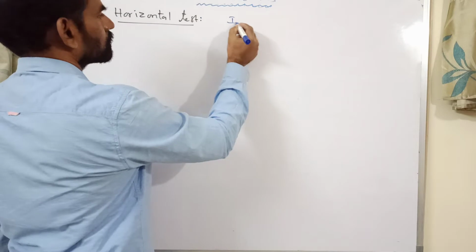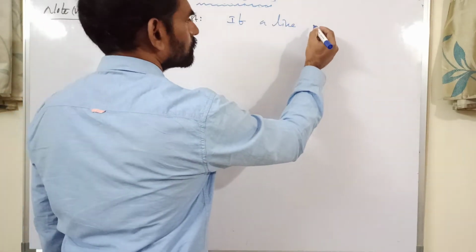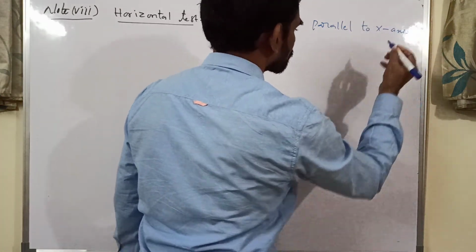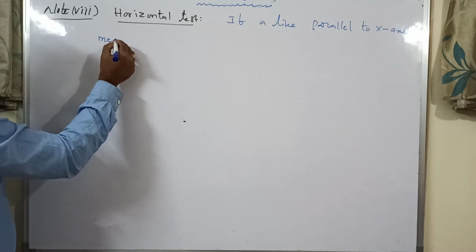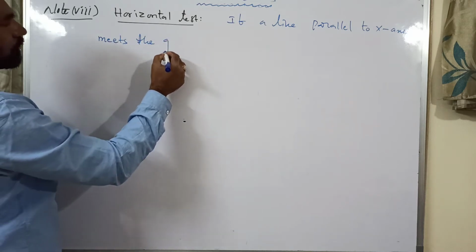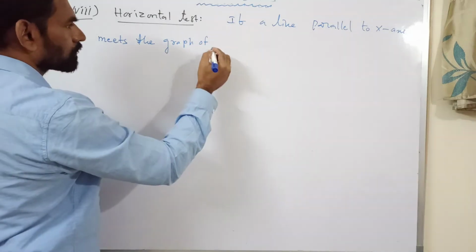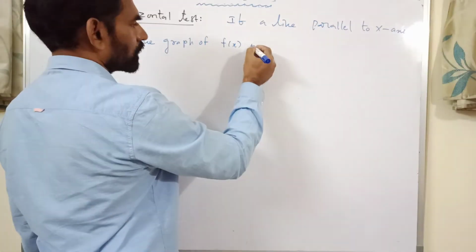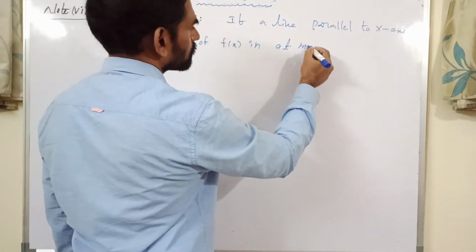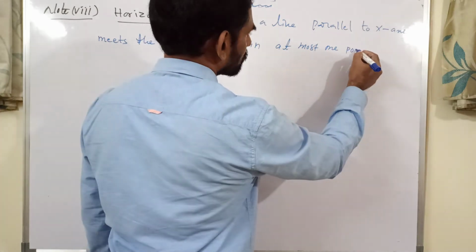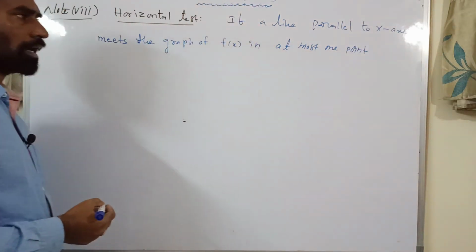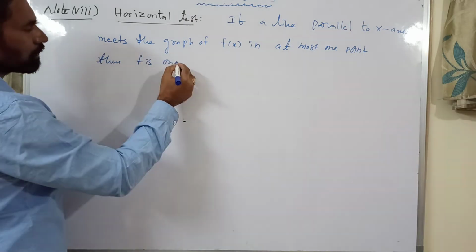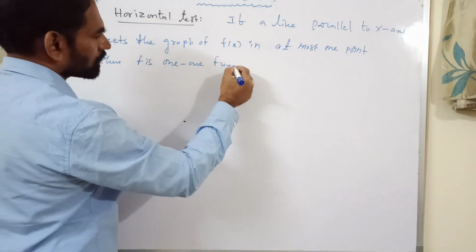If a line parallel to the x-axis meets the graph of f of x, the given function, in at most 1 point, then clearly f is a 1-1 function or injective function.